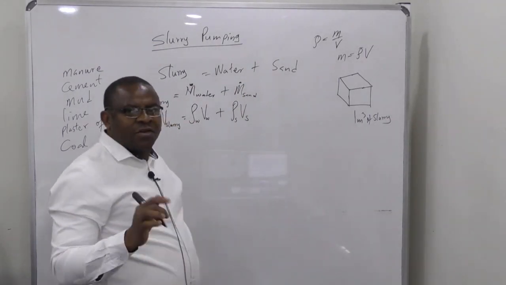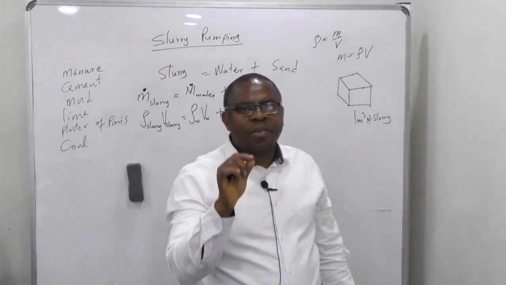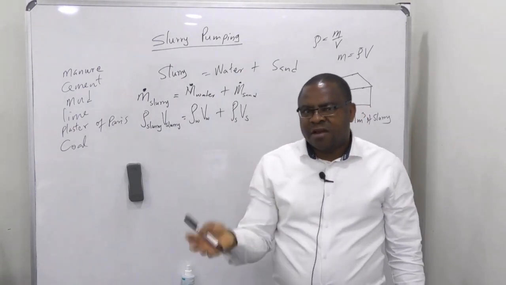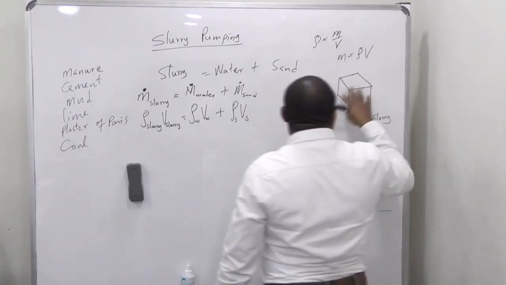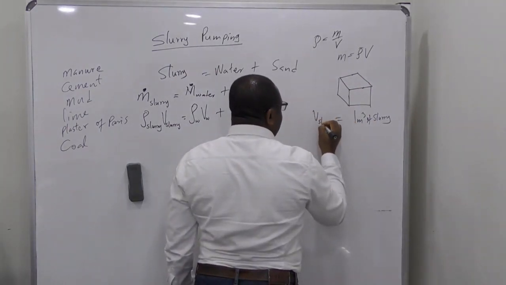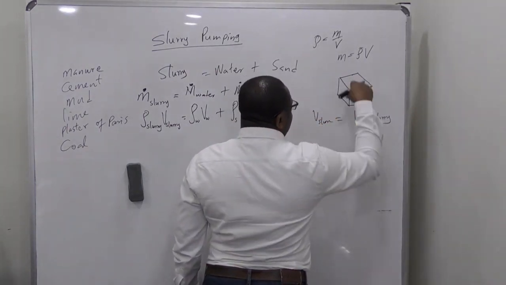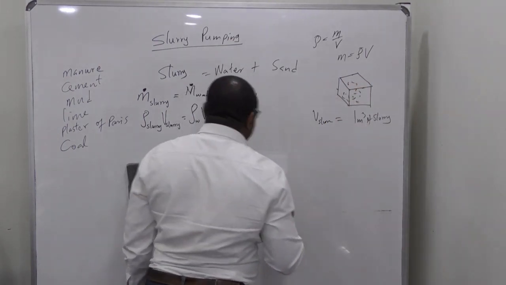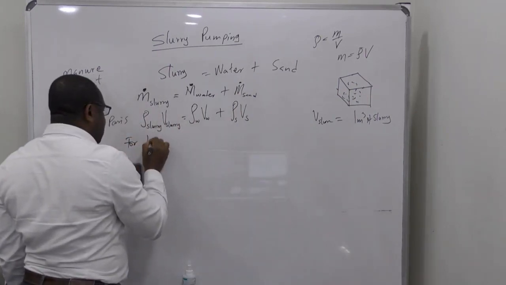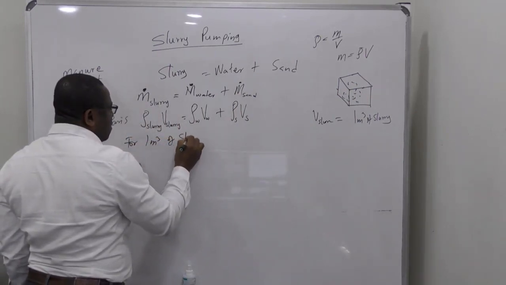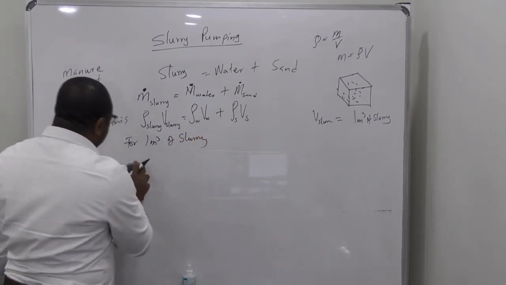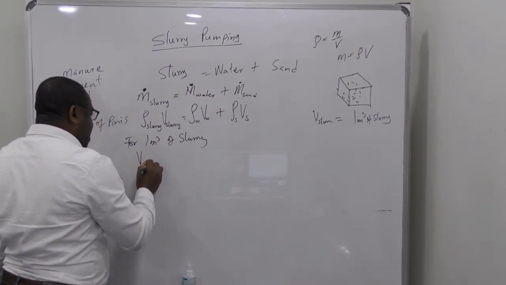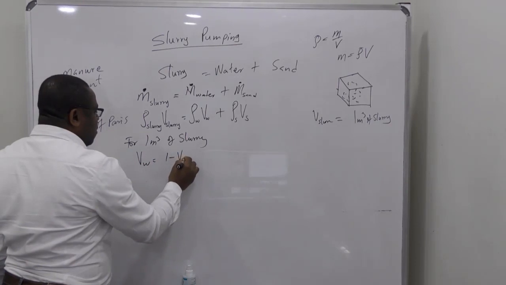In other words, you will say, okay, for 1 meter cube of slurry, what will be the volume of water and the volume of sand? Because if I have this as a volume of slurry, V of slurry, as 1 meter cube, now you pour water in and you have your sand. All right, now it means that for 1 meter cube of slurry, that is the volume of slurry, being 1 meter cube, if I want to get the volume of maybe water, volume of water will be 1 minus volume of sand.